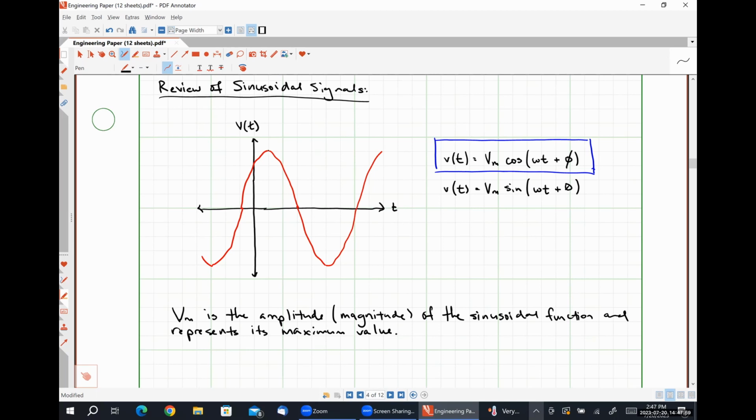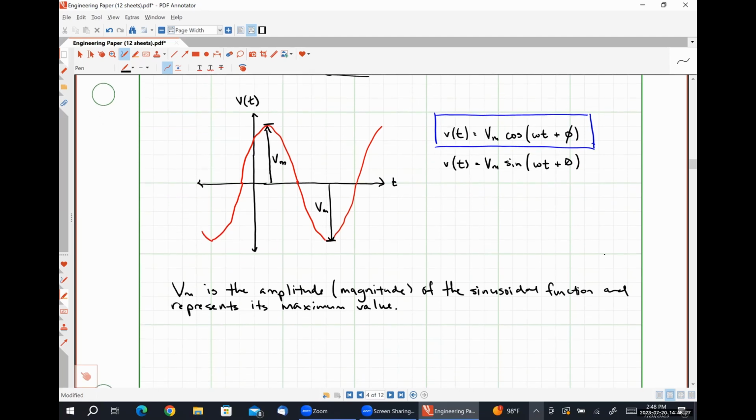So the distance from the horizontal axis to the peak of the sinusoid is the amplitude of the sinusoid. And the distance from the horizontal axis to the negative most peak, this distance is also Vm. So that's our first thing.